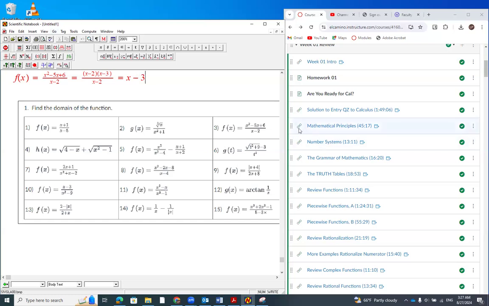Because remember our mathematical principle. Our mathematical principle says anything times 1 stays the same.